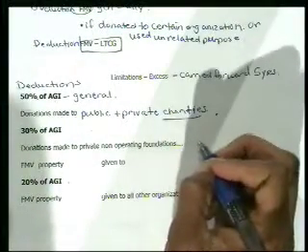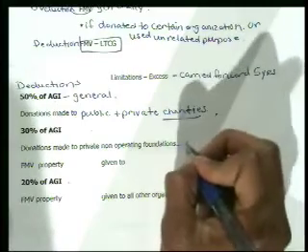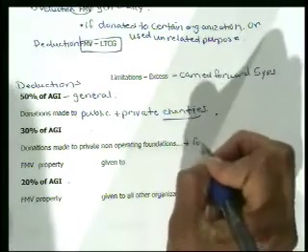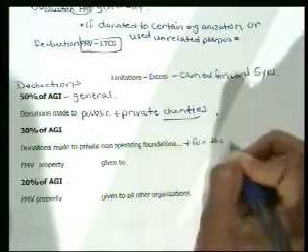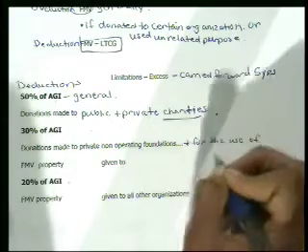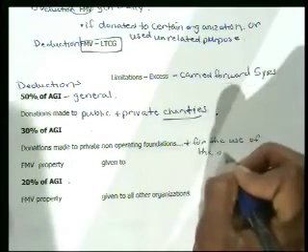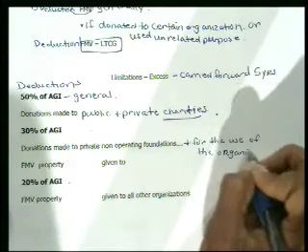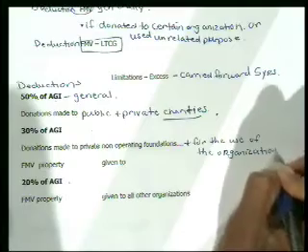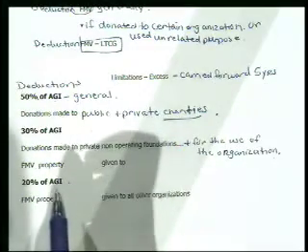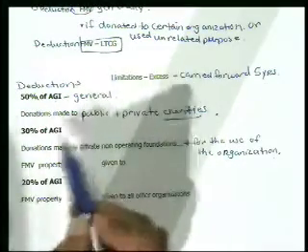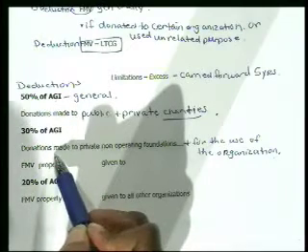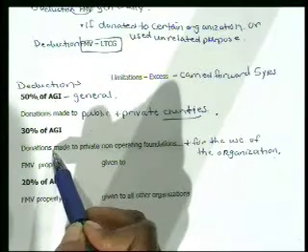So basically donations to private non-operating foundations, fraternals, and also for the use of the organization, so if it's for the organization to use, it's going to be limited to 30% of their AGI.